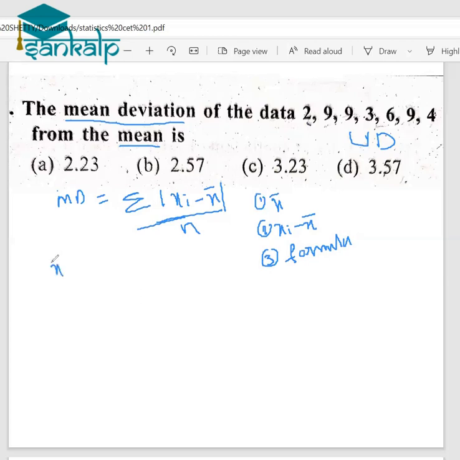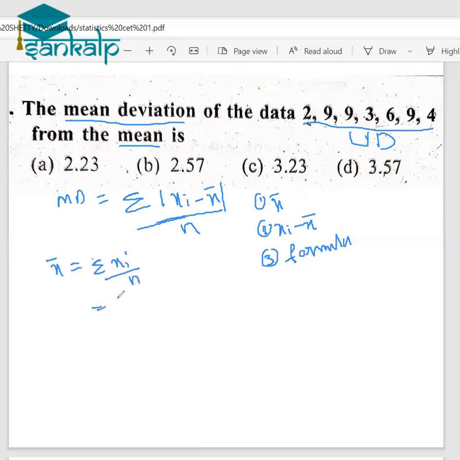So x bar is equal to the sum of the scores divided by the number of scores. On adding the scores, we get the formula for the mean: x bar is equal to sigma xi divided by n.